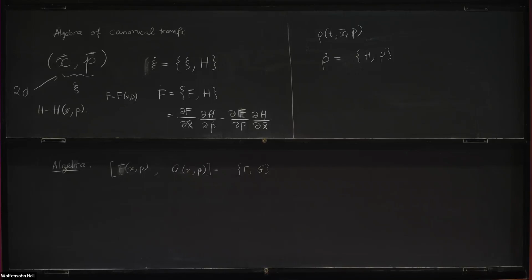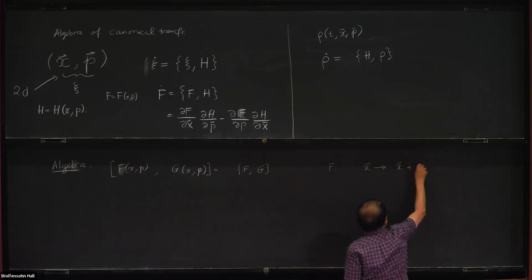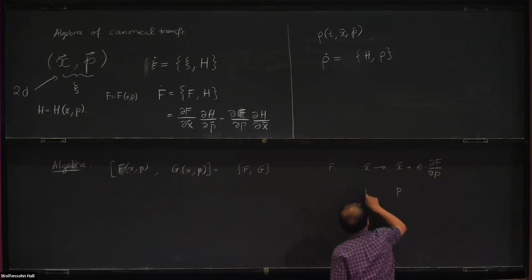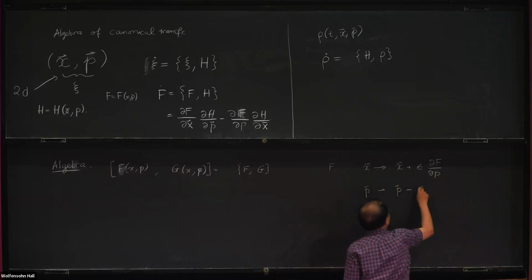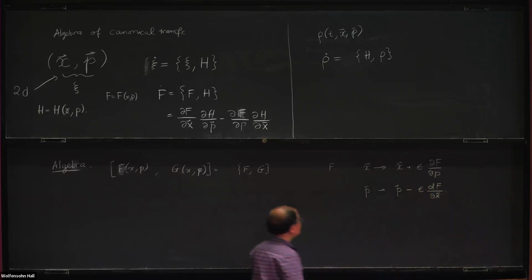One can think about a generator of this algebra as something that gives an infinitesimal coordinate transformation in phase space. So a generator f can be thought of as something that does the following operation: x goes to x plus epsilon df/dp, and p goes to p minus epsilon df/dx.